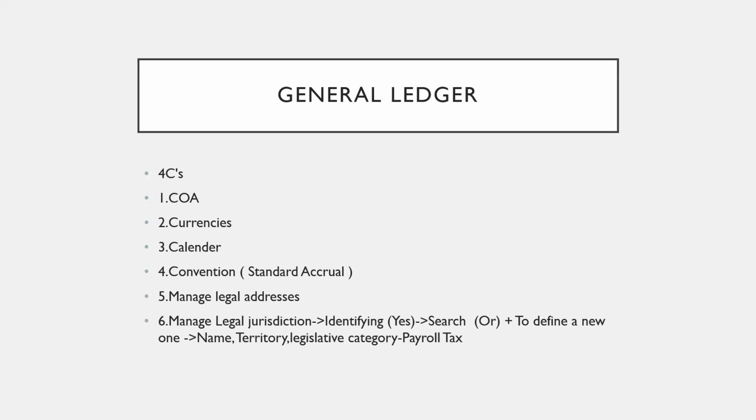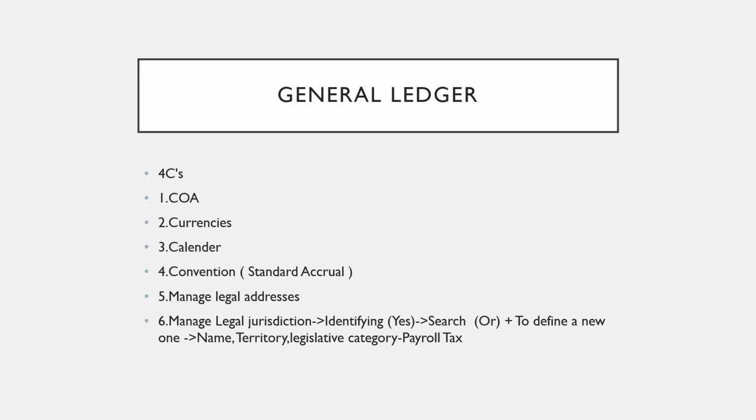Then followed by, you'll select the convention in manage primary ledger. Then you will go ahead and as per BR100 you will select, then you will do the legal addresses.